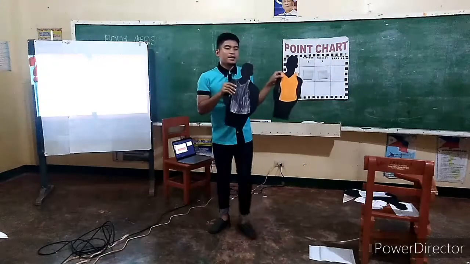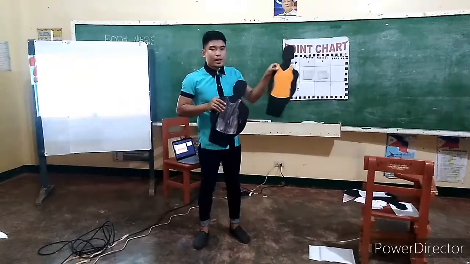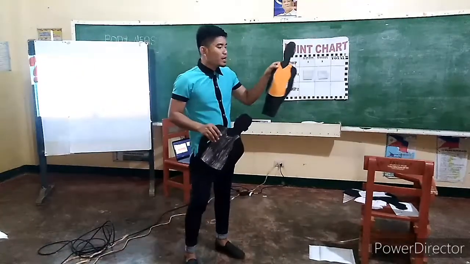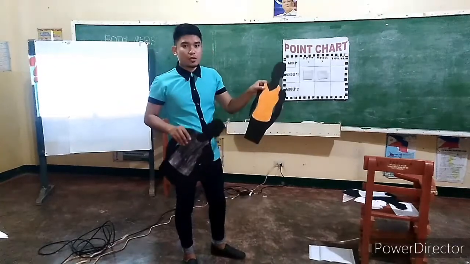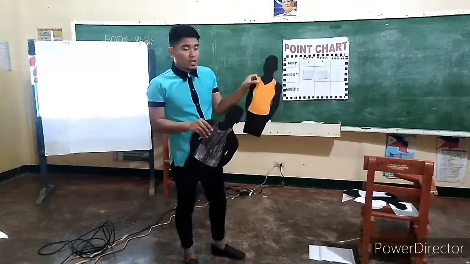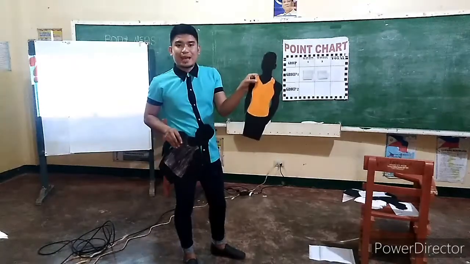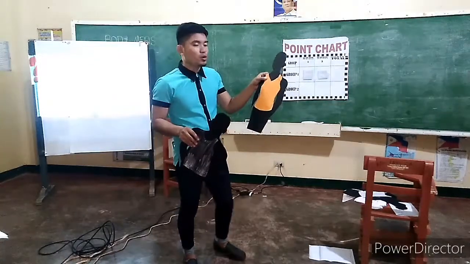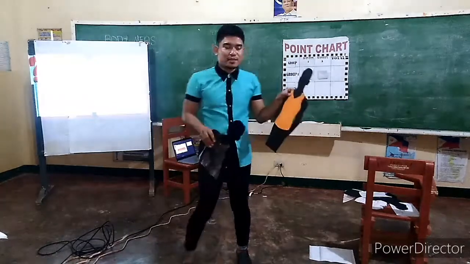So these are the examples. For example, this one has a small body structure, the thin one. It is more appropriate if you use the light color, based on the guidelines that we've discussed.